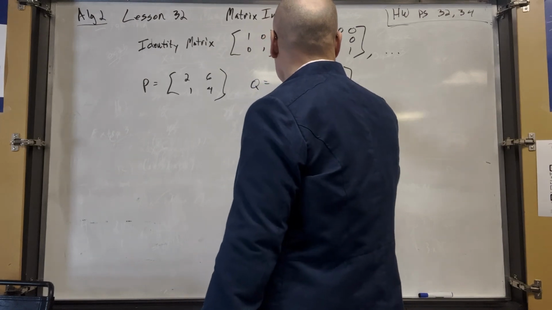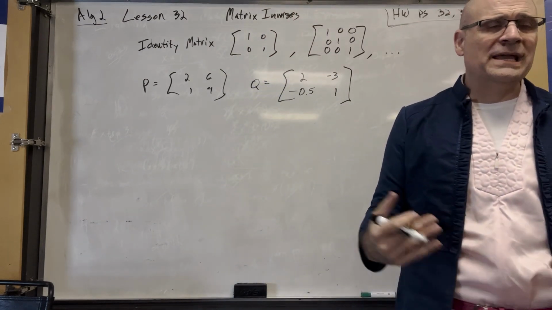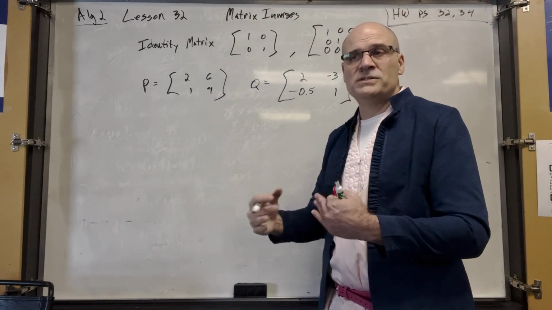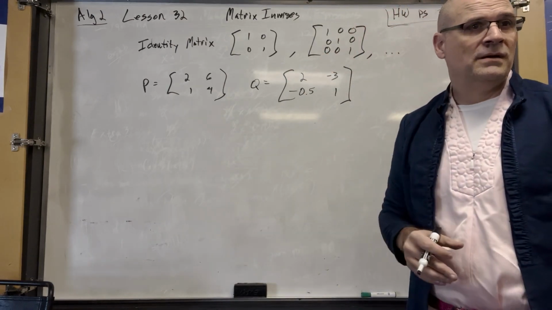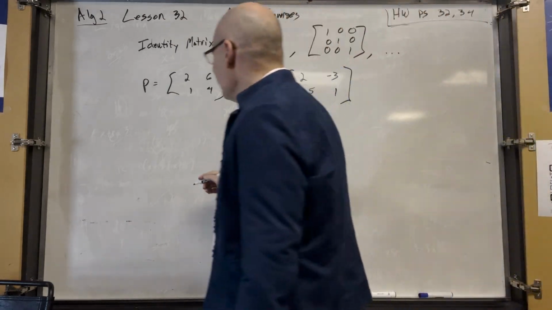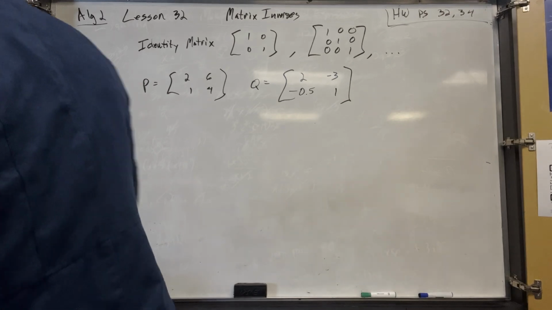If these were inverses, when you multiply inverses together, you're supposed to get the identity. So let's try multiplying P times Q.